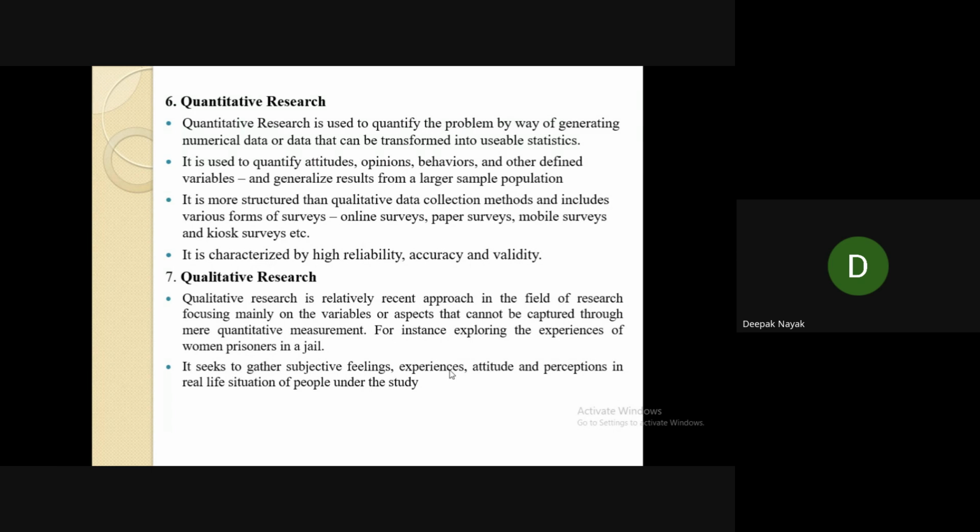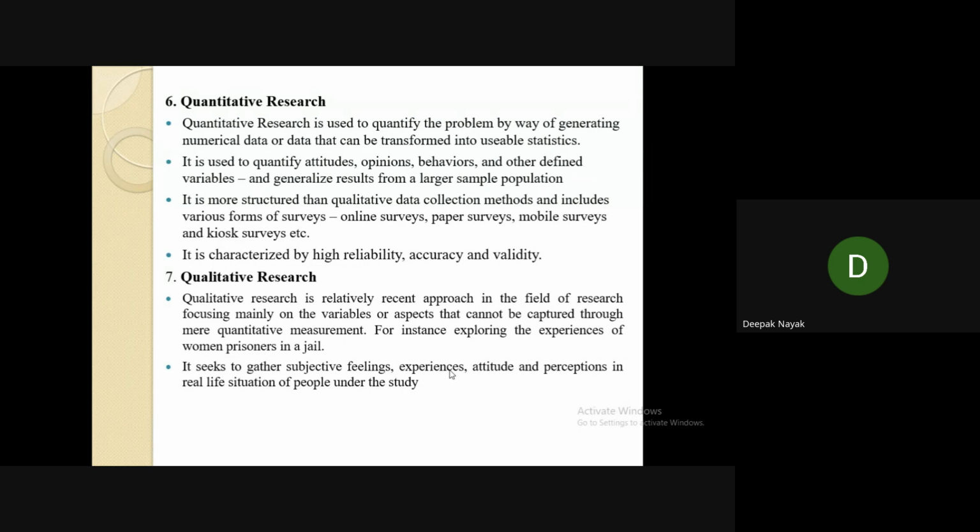So very often, even to understand some things, you have to integrate these two kinds of research, quantitative and qualitative. You can use them simultaneously and interchangeably.